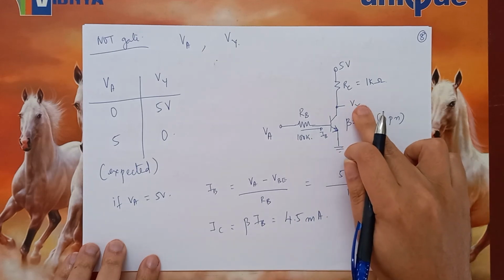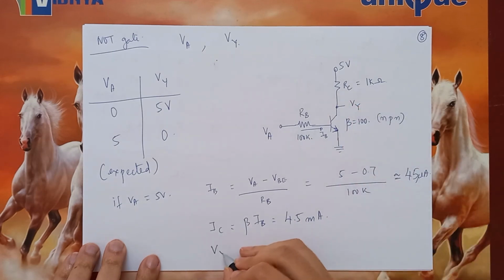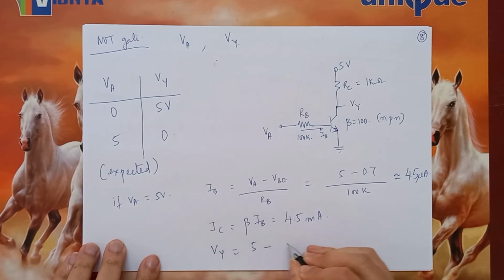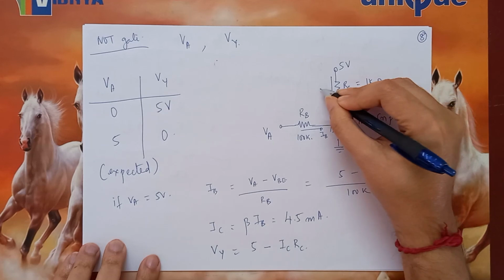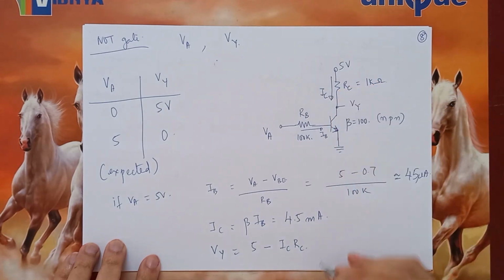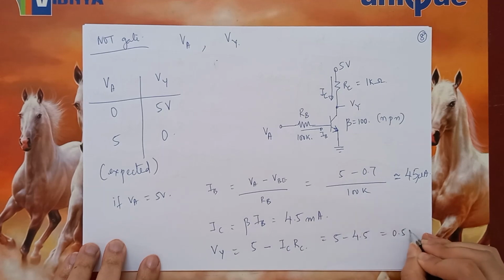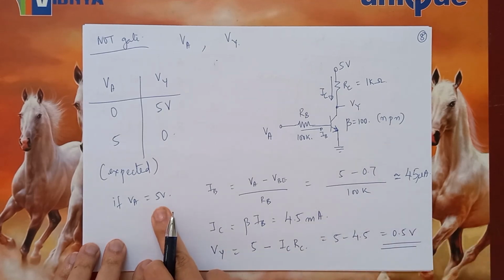So in that case, what will be Vy? Vy will be 5 volts minus IC times RC, because the collector current is going to be flowing this way. IC is 4.5 milliamperes, RC is 1 kilo ohm. So this will be 5 minus 4.5, that is equal to 0.5 volts. So if the input is 5 volts, what I am seeing at the output is 0.5.